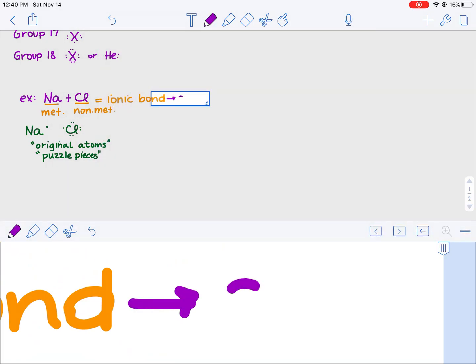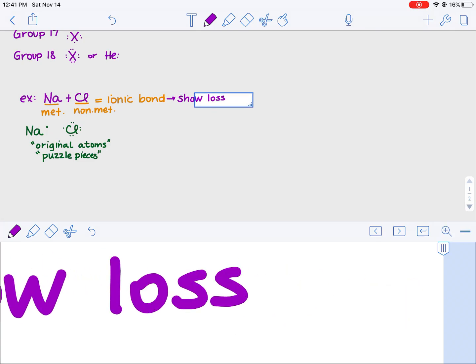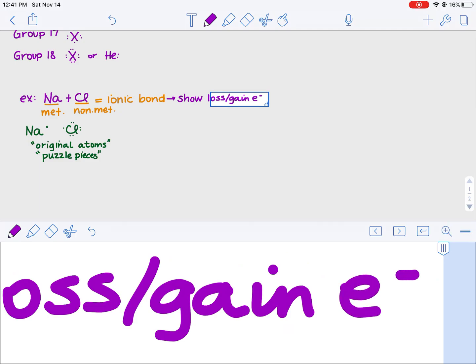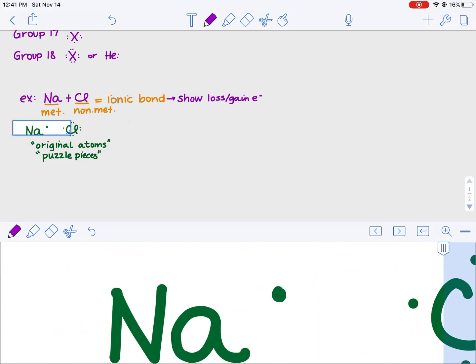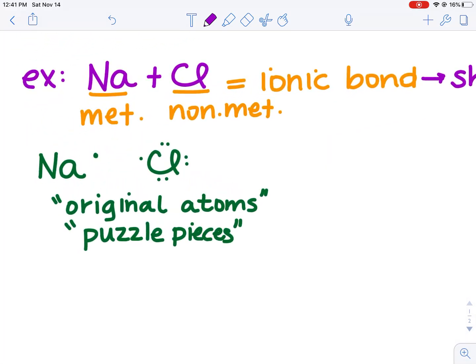And what I'll need to do now is I'm going to have to show the loss and gain of electrons. And remember, these dot diagrams only show the valence electrons. The metal sodium, because it has a low ionization energy and a low electronegativity, it's going to want to lose its valence electrons.